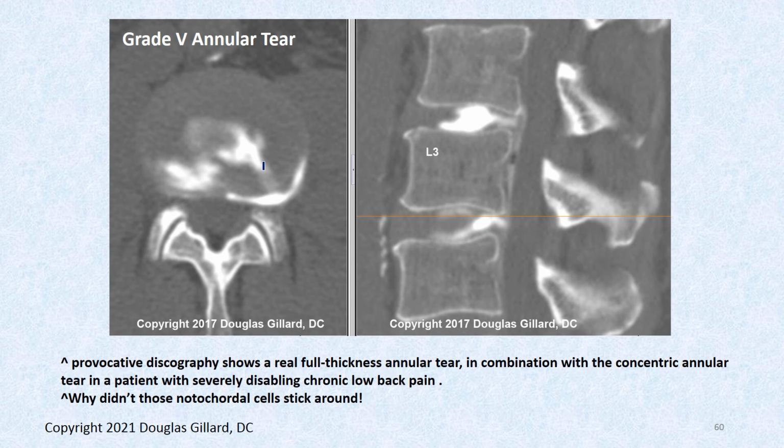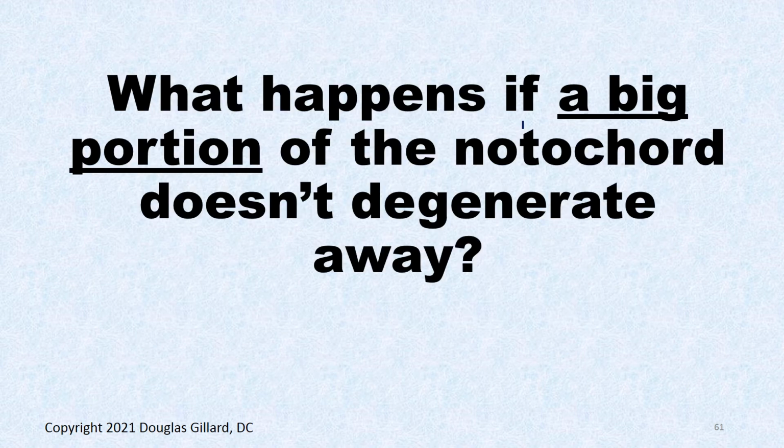So you have to see the annular tear, and you can see the ship anchor here. It's a grade 5 annular tear. Could be grade 4, but this one's actually leaking. If you look close, you can see the fluid has leaked right out of the disc. That's a grade 5 annular tear. This disc has got a huge rip in it. This one's got a rip in it. So these discs were both shot, and he ended up having a 2-level fusion. Anyway, you're just in first quarter, but I do like to teach that stuff.